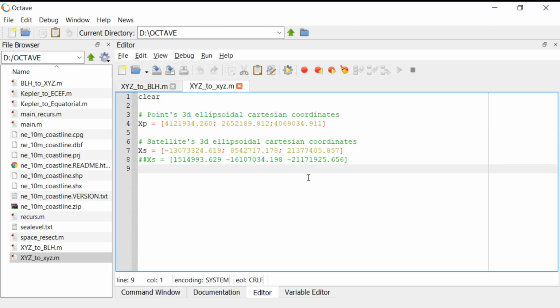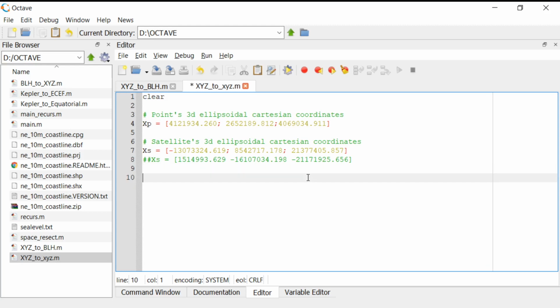So now, first, for making a transformation to a local coordinate system, we need to define the rotation matrix. So let's now write down the rotation matrix of our transformation.